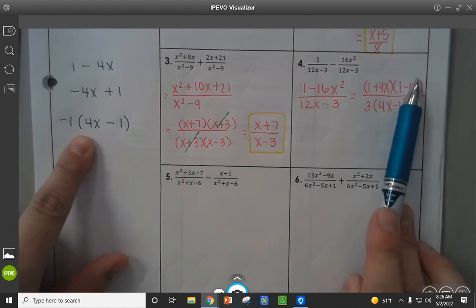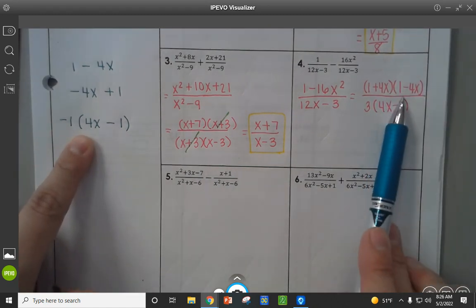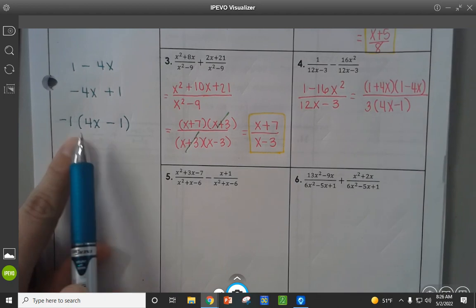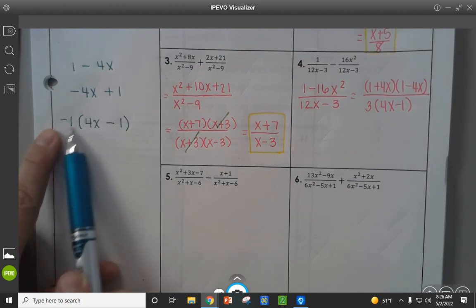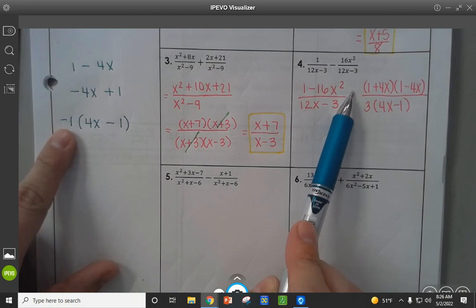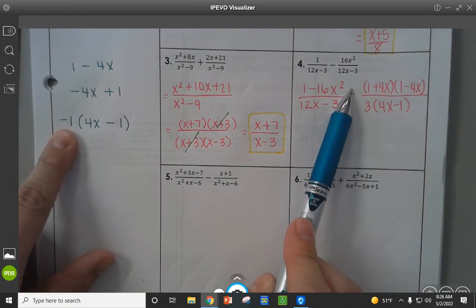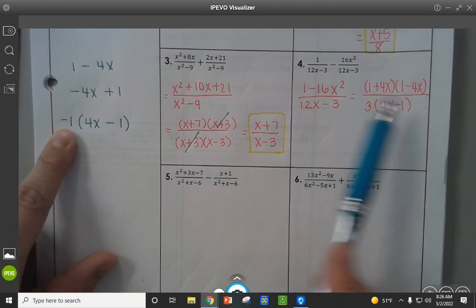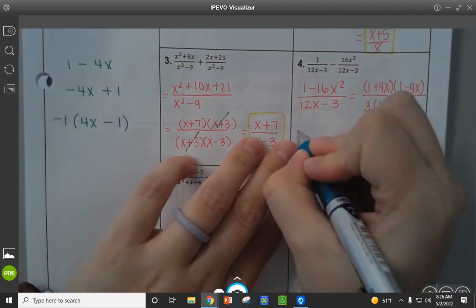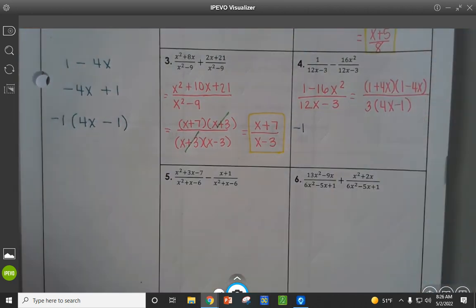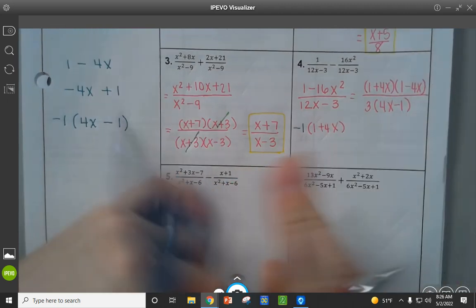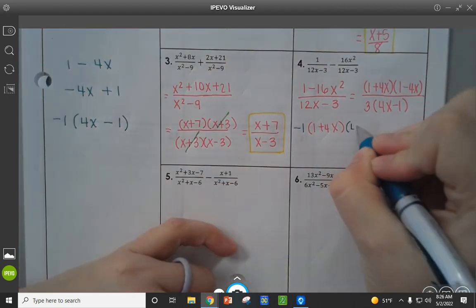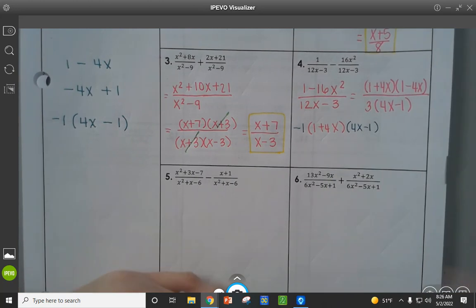So what I'm going to do is replace this 1 minus 4x with this. But that negative 1, we want to write in the very front because we don't want it to look like minus. A little bit different. So we're going to put the negative 1 first, and then we're going to keep this 1 plus 4x, and now I can change this one to 4x minus 1.